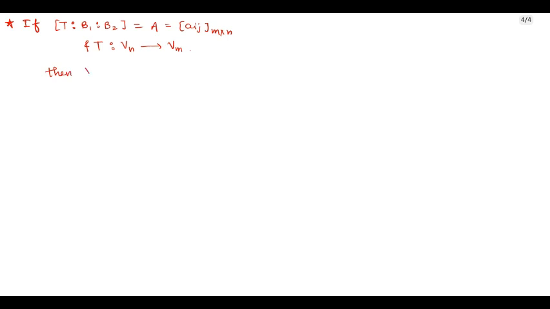Then for some x belonging to Vn, A multiplied with the coordinates of x with respect to B1 equals the coordinates of T of x with respect to B2. Is this right or wrong? Right, clear?